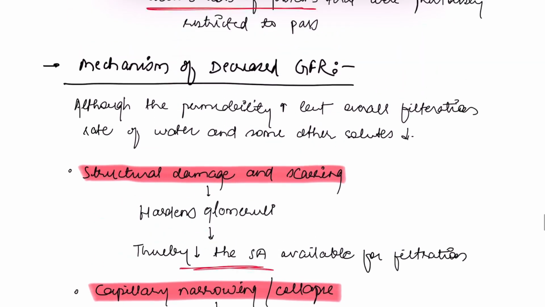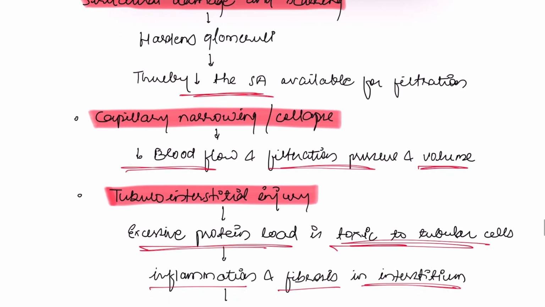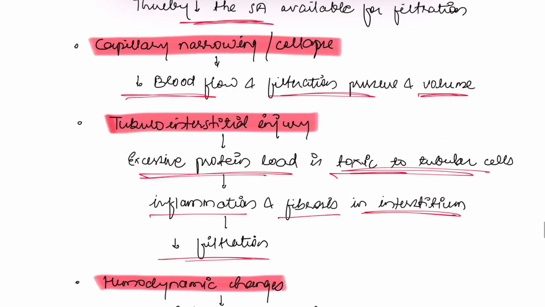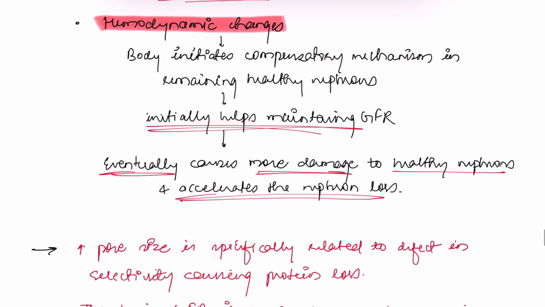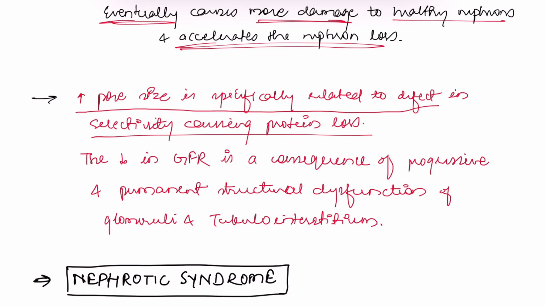So that's how, if you are thinking there is increase in pore size, then there should be increase in GFR, but GFR is decreased. So these are the factors that are going to decrease the GFR, and at the same time cause proteinuria. The statement says that increase in pore size is significantly related to defect in selectivity causing protein loss.